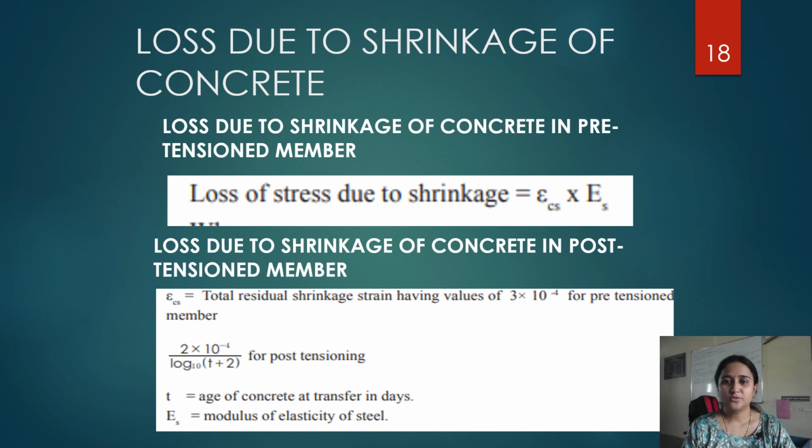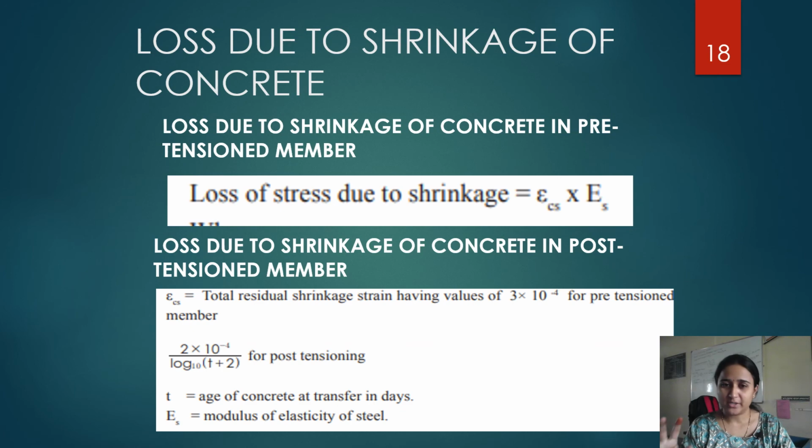so for loss of shrinkage in pre-tension and post-tension, there are different formulas. In a pre-tensioning member, loss due to shrinkage is calculated as ECS into ES, where ECS is the shrinkage strain having a value of 3 into 10 raised to minus 4.